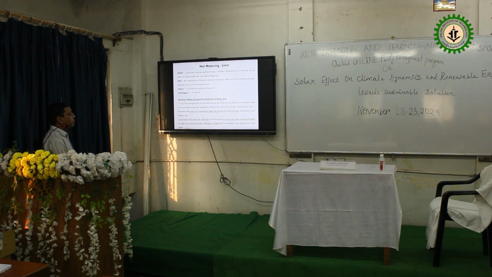And in Odisha, net metering consumers are allowed to have load up to 500 kilowatt. And in Tripura, different states' regulatory commissions have divided phase-wise implementation of renewables, and they have decided different capacities according to them. I have just given this example.